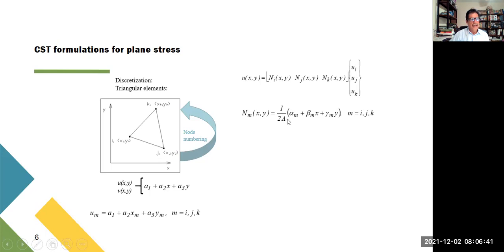I forgot this 2A in front of the expression. I'm sorry. So it's 1 over 2A times alpha plus beta x plus gamma y. We have 3 of these polynomials. Each one of these polynomials is a linear polynomial. So the result of this combination is a linear polynomial.